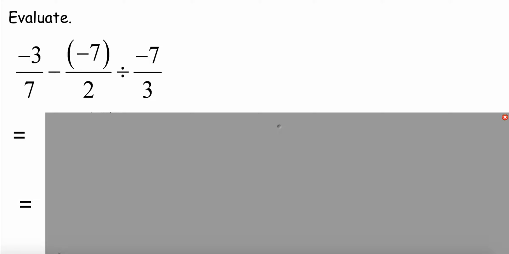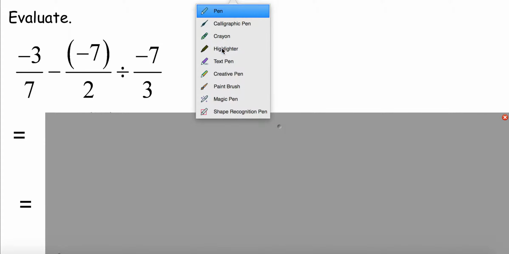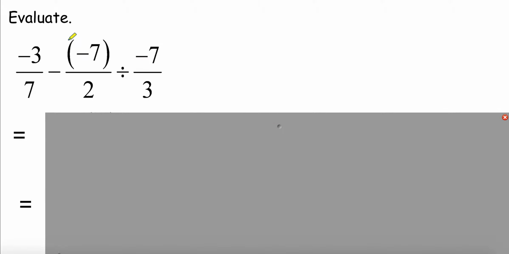Okay. So looking at this, the first thing that we want to do is this part. Because when we look at BEDMAS, we go brackets, there's no brackets, or there's nothing we can do inside this. Exponents, there's none. Division, and that's what we're at.